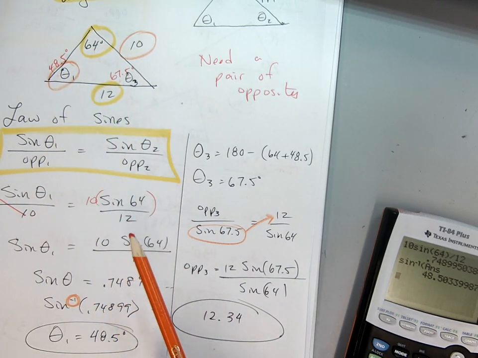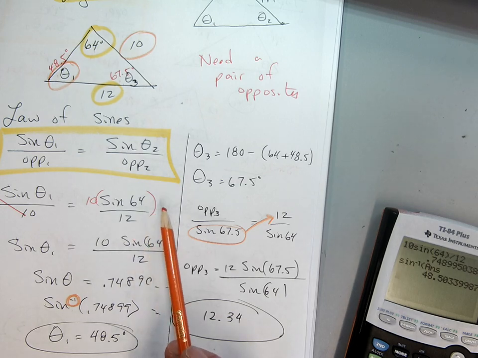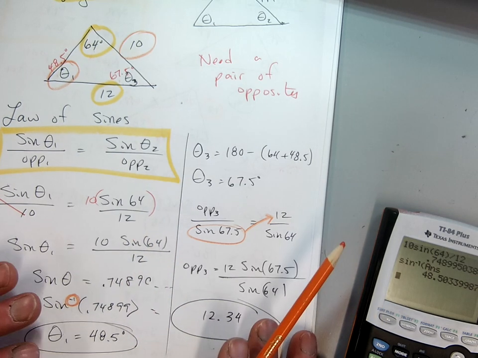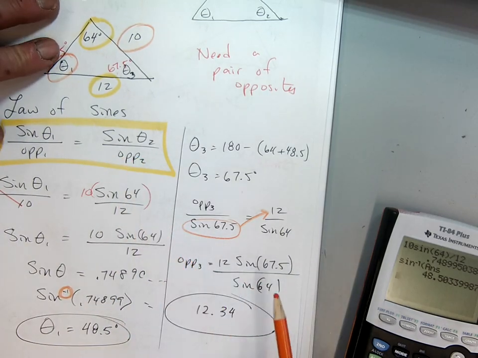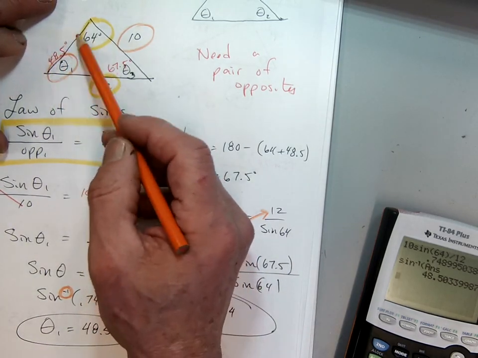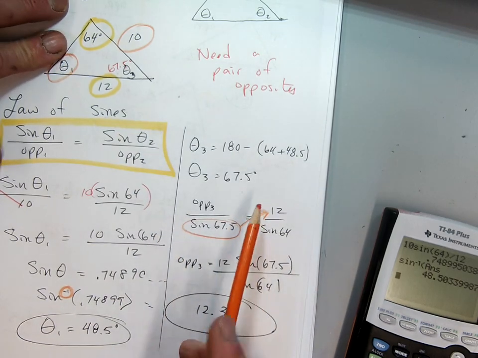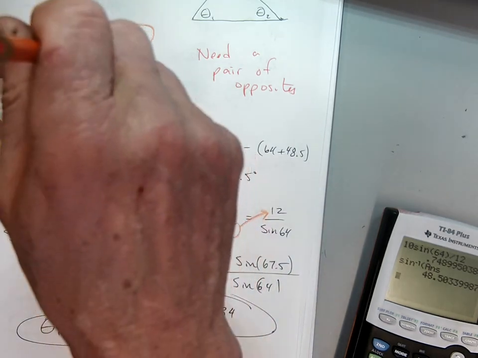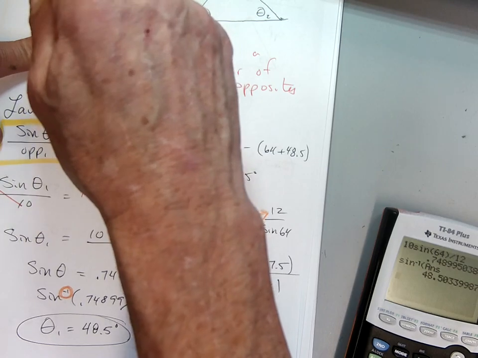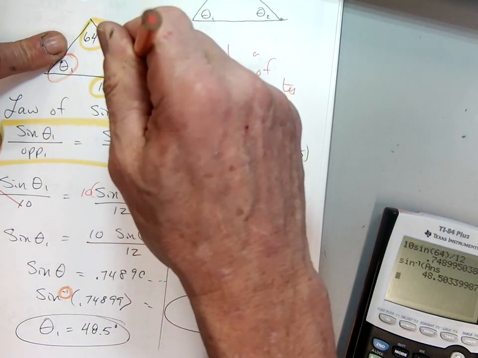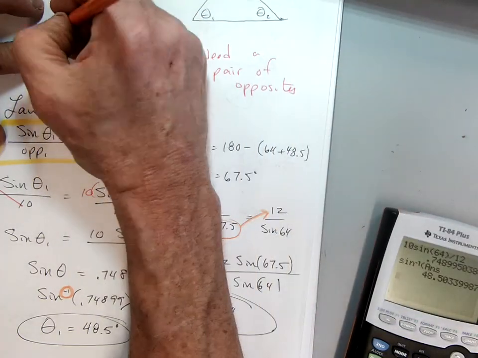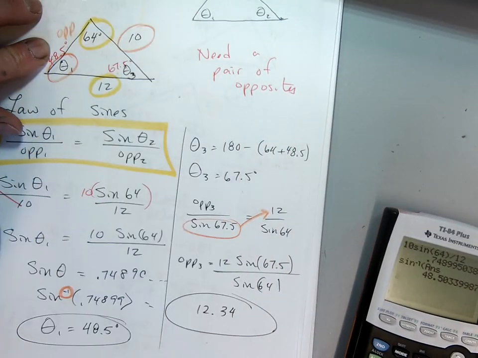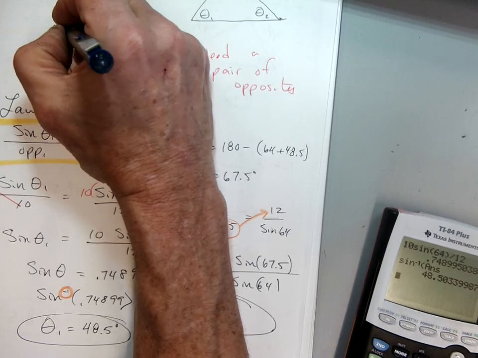Then finally, if I want to find the last missing side, which is opposite theta 3, so I don't know this side, okay, I can again set up my opposites, but now it's the sides. We called it opposite 3, or you can call it whatever you want.